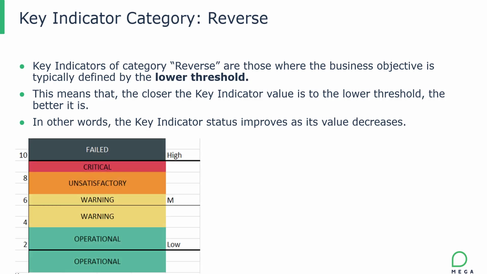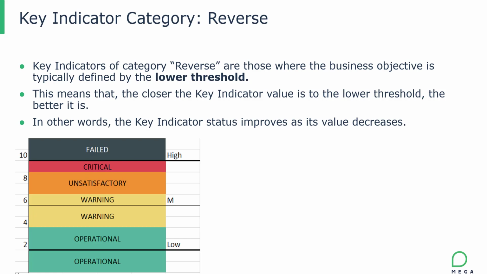If you take again a look at the previous example, as we can see, the indicator status is failed for all values above the higher threshold, and starting from the higher threshold going towards the lower threshold, the indicator status moves from critical to unsatisfactory, warning, and finally operational.